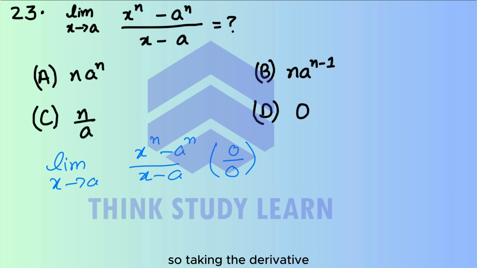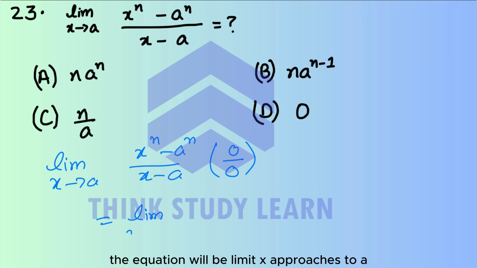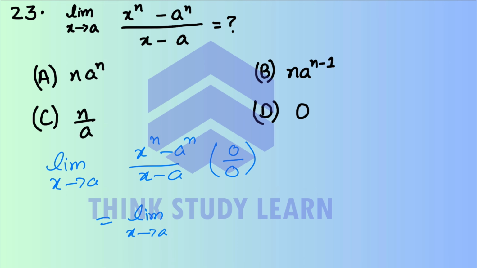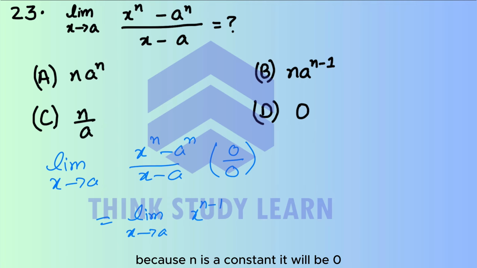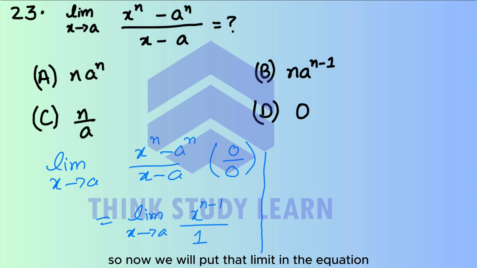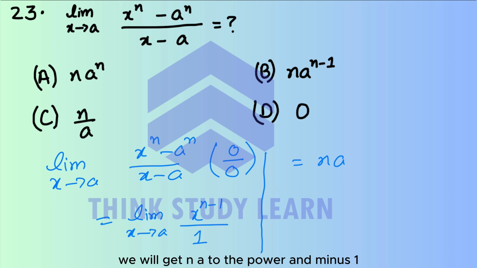So taking derivative, the equation will be limit x approaches to a, the derivative of x to the power n will be n x to the power n minus 1, because a to the power n is a constant, it will be 0. So similarly in the denominator, x derivative will be equal to 1. So now we will put that limit in the equation. Putting out the limit, we will get n a to the power n minus 1. So B option will be the right choice.